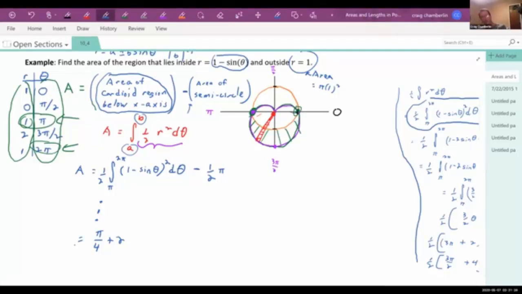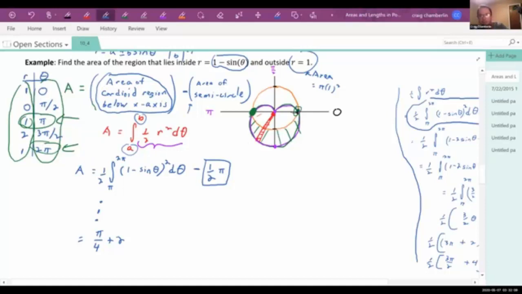Another way you could think about it, if you wanted to make it a single integral, and it would actually have an advantage if you did it this way. If you set up this area as an integral, if you think about the circle in orange here, the bottom part of it is traced out with the same limits of integration. You could plot a few points to verify this, as theta goes from 0 to 2 pi.